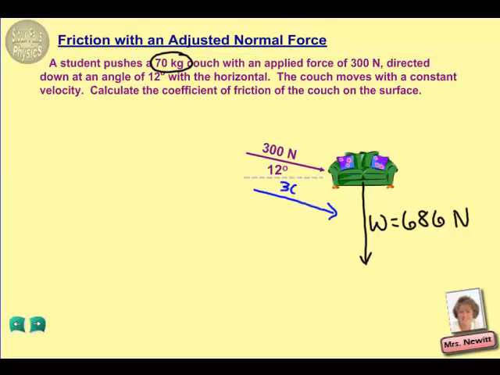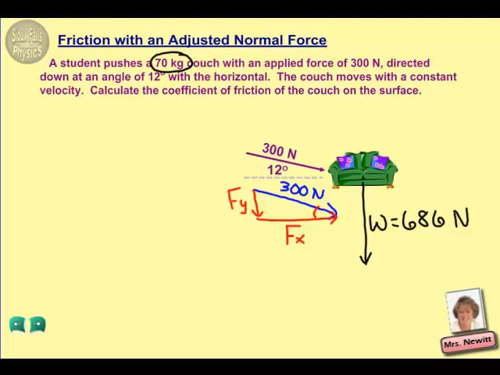We have 300 newtons as our resultant, and notice that that's directed down and to the right. So we have really two components of that applied force. One is the component in the y direction, the downwards part. One is the component in the x direction, or the horizontal part.